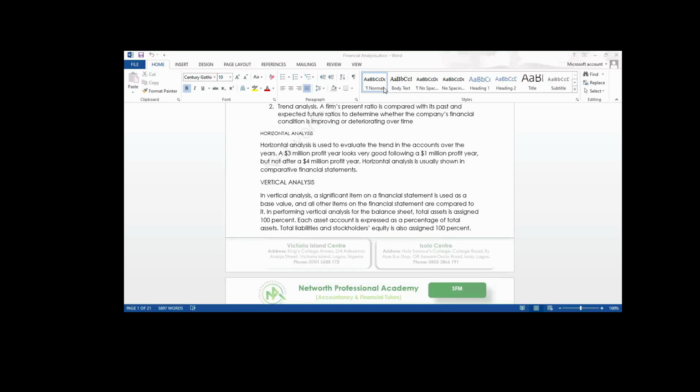Then you have your total assets: non-current assets plus current assets will give you your total assets. Then you have your liabilities, current liabilities, non-current liabilities. Then you have your capital and reserves. Those are the components of the statement of financial position.